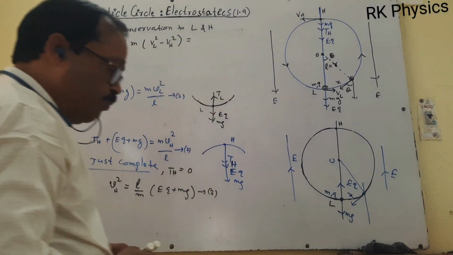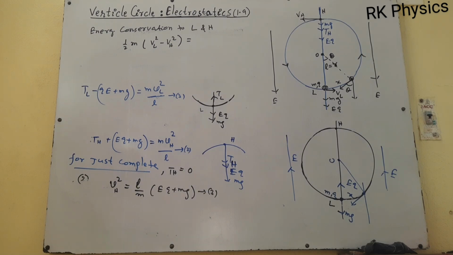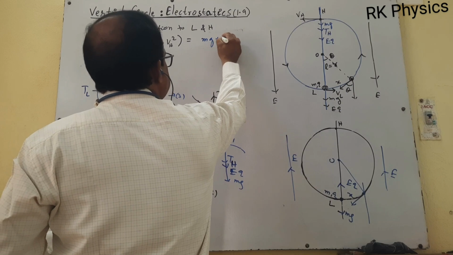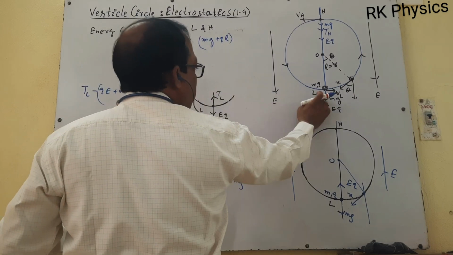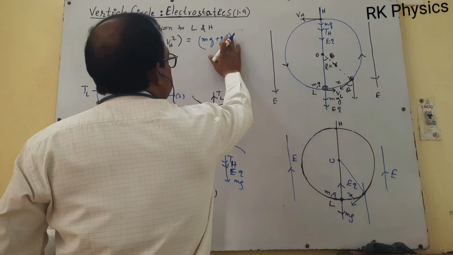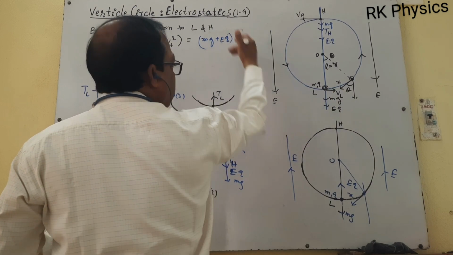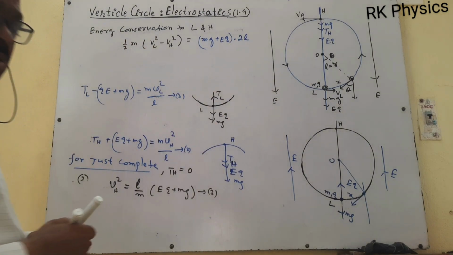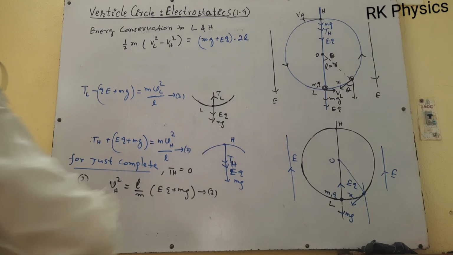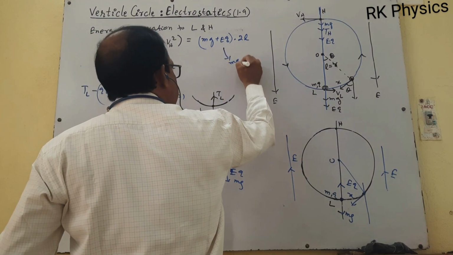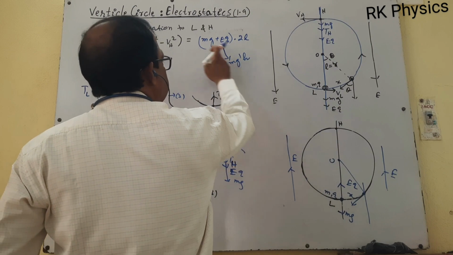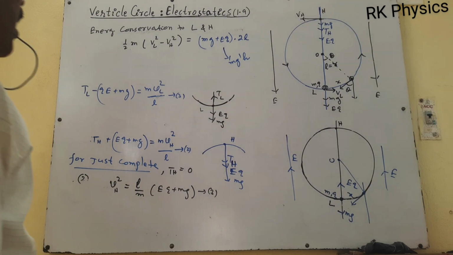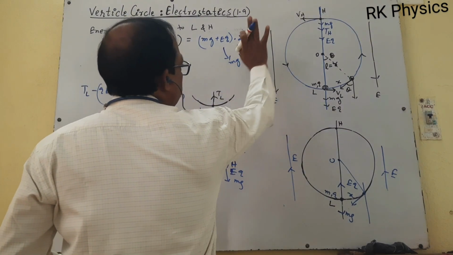But at that time, what is the energy gained? Energy gained is the net force, mg plus qE, on that body, because mg and EQ are along the same direction, into the net distance traveled by the body, that is mg'h. Here g' is such that mg' is mg plus EQ, and h is 2L.